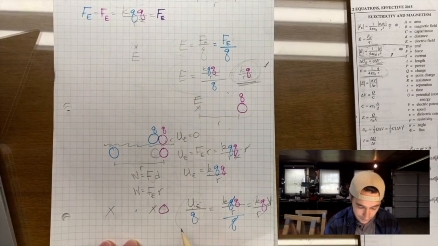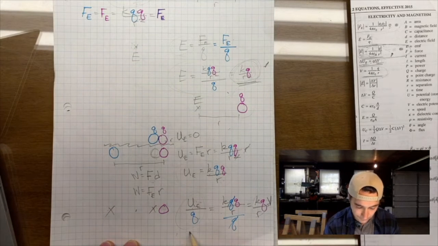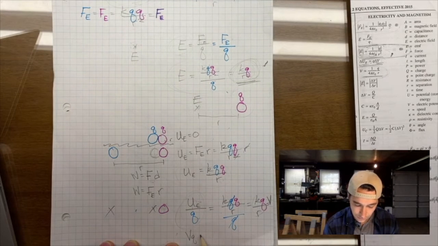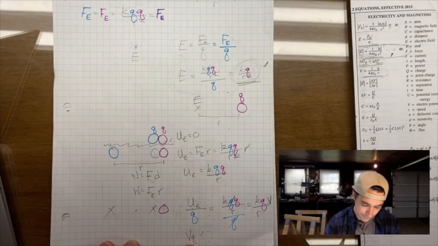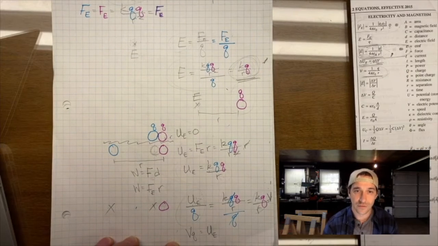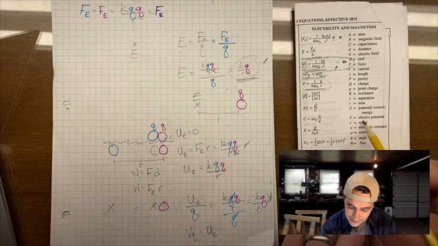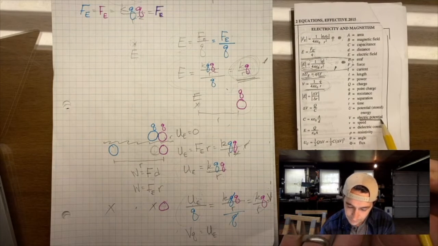By definition, if we take our V and cross multiply this, now we have V times Q equals electric potential energy. So V, and this is a really important point, is electric potential.